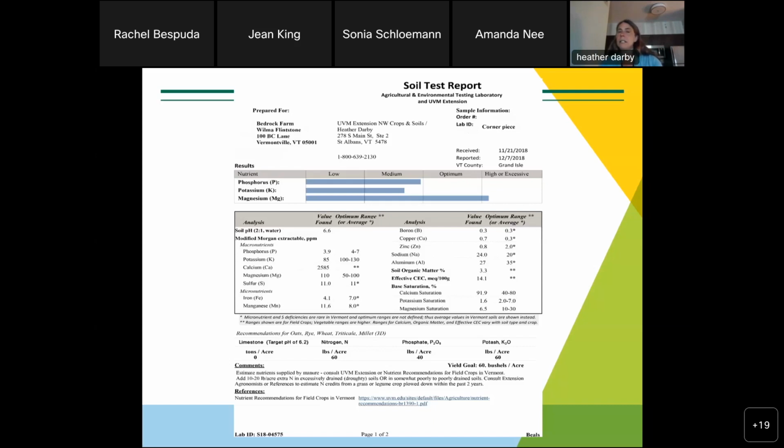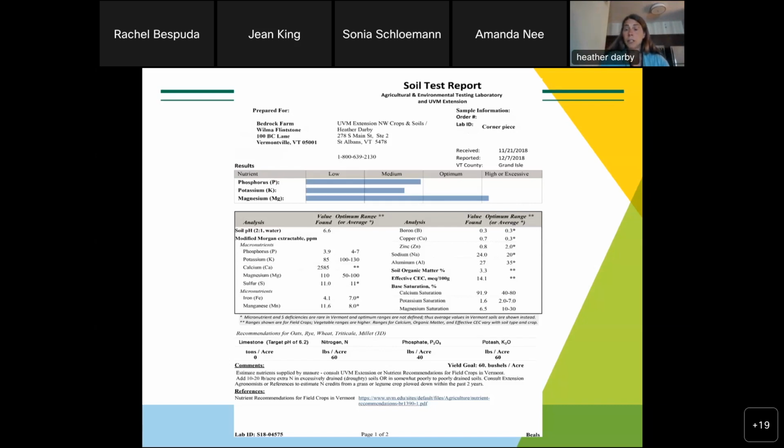So in the immediate term, you probably don't really need to add more. But as you would imagine, right, if over 3 years' time, you're not adding any more because the soil test says it's optimum, you don't really need anything for this crop.